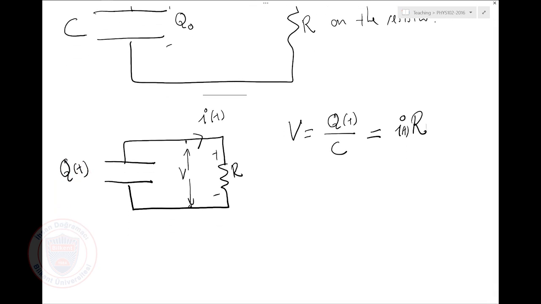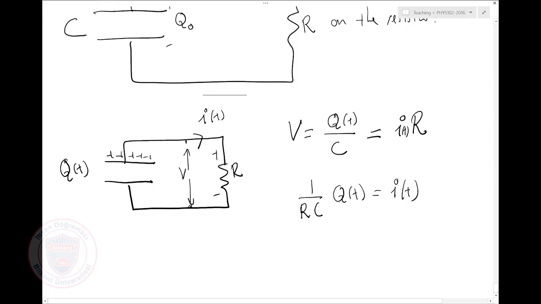So I can write 1 over RC Q of t is I of t. I very subtly used Kirchhoff's loop rule, if you want. If I go around the loop, total voltage change must be 0.